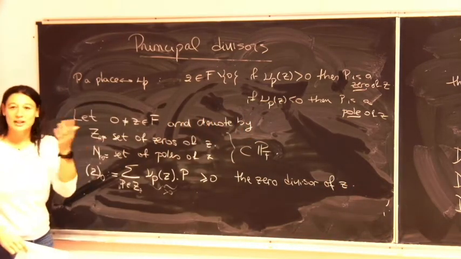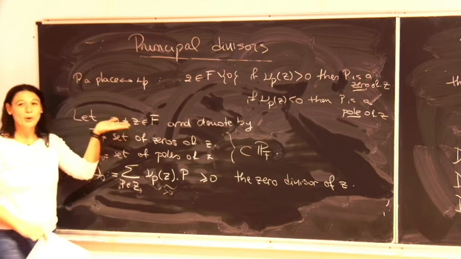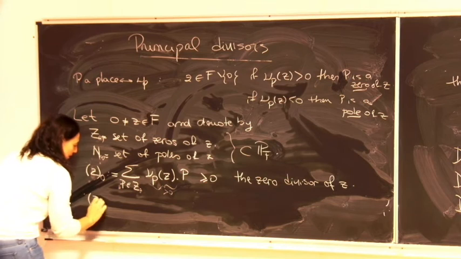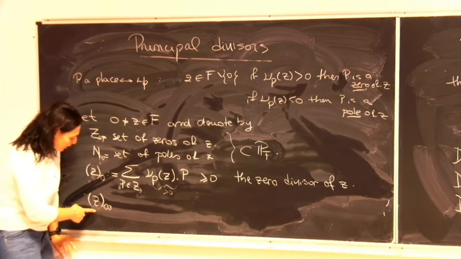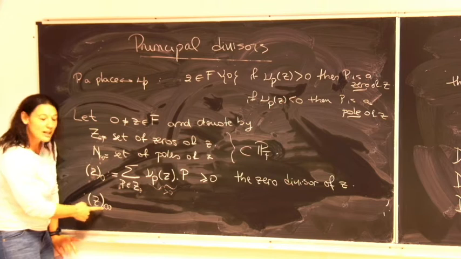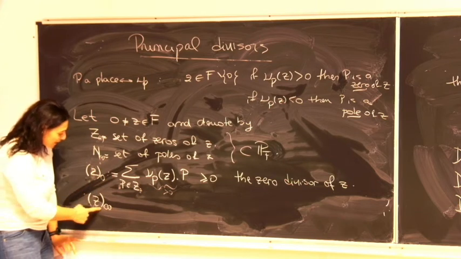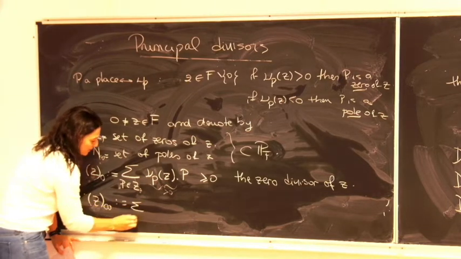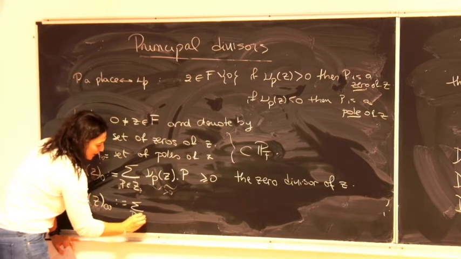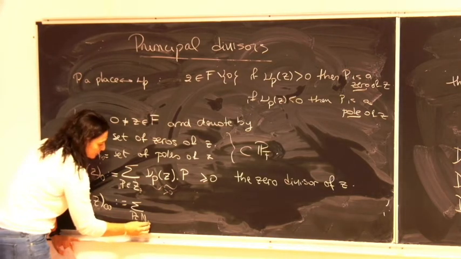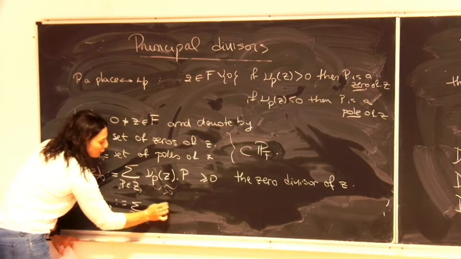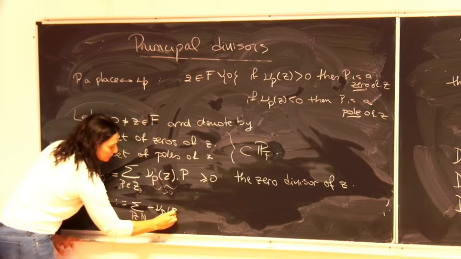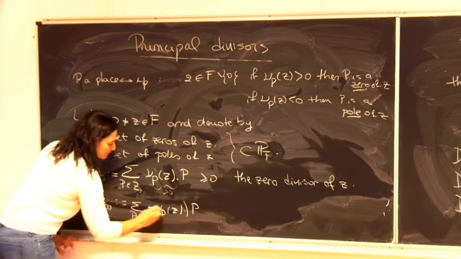And as you can imagine, we can do the same with the poles. I can define the pole divisor of an element, which will be denoted with an infinity in parentheses to denote the divisor. This is going to be the sum over the places in the set of poles, and instead of putting the valuation, I will put minus the valuation times the place.